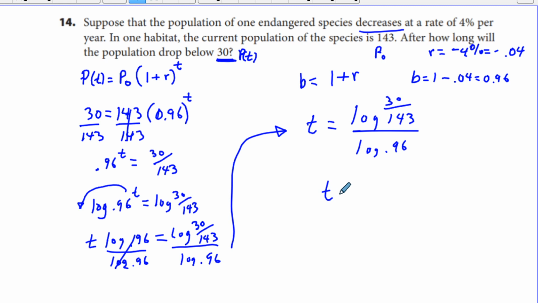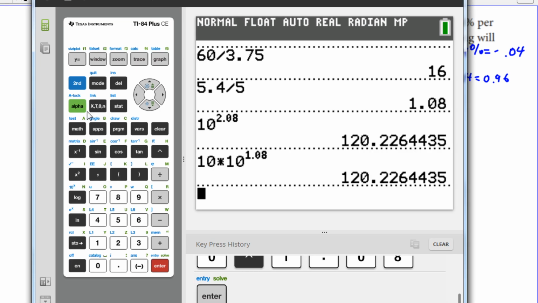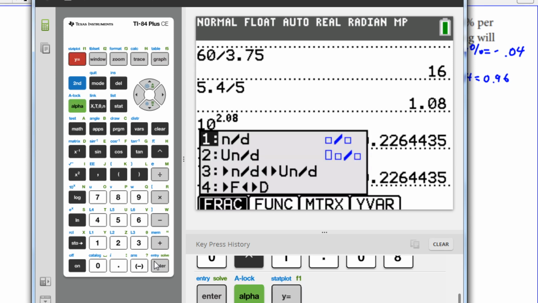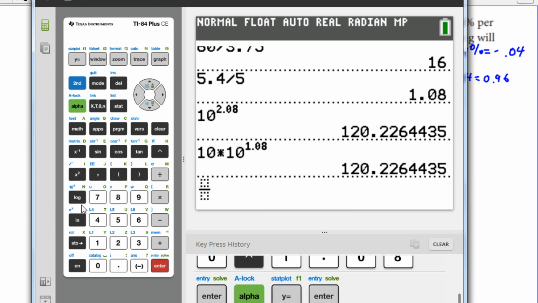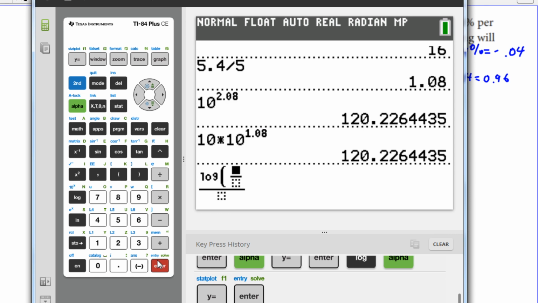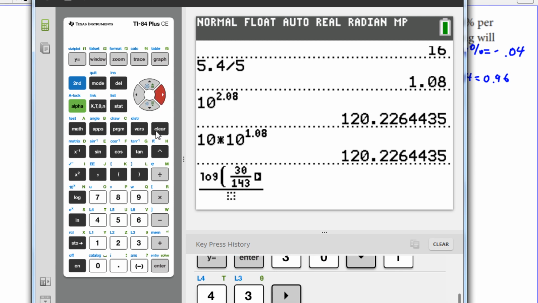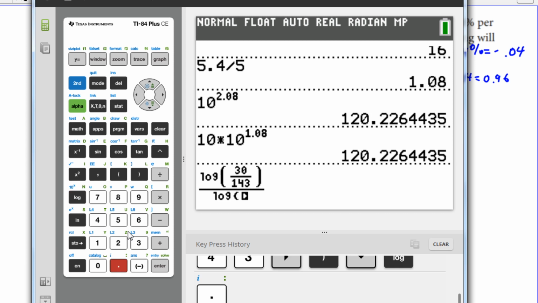So t is going to be approximately equal to what we put in the calculator. So log of 30 over 143, and we divide that by log of 0.96.